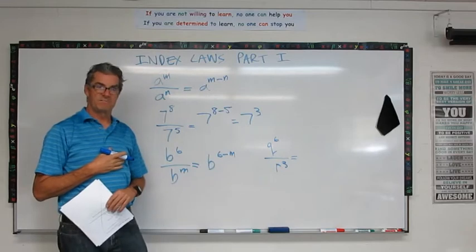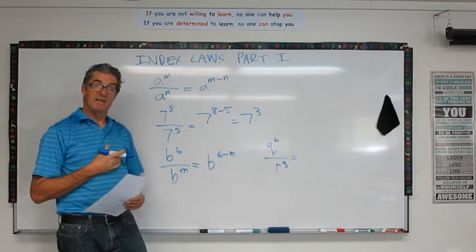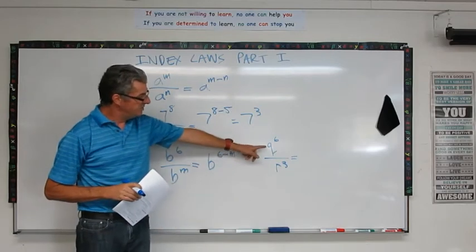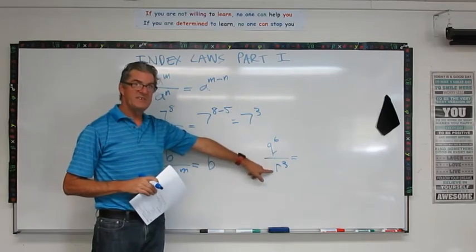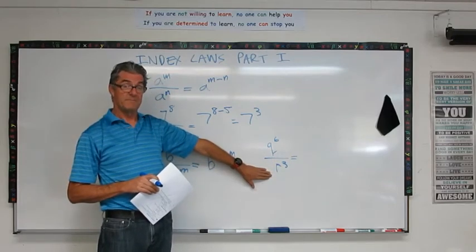This one's even tougher. Give it a try. If you couldn't do anything, right now, we don't have a law that helps you combine exponents when the bases are different. So this is all we can do right now.